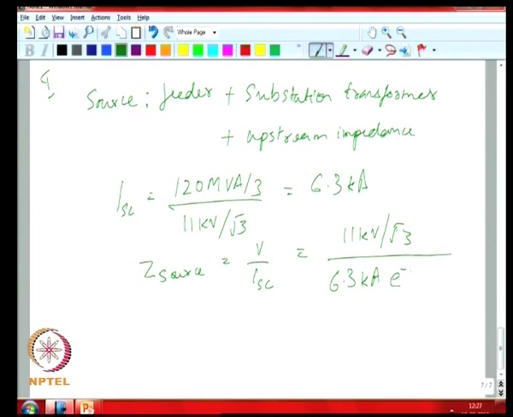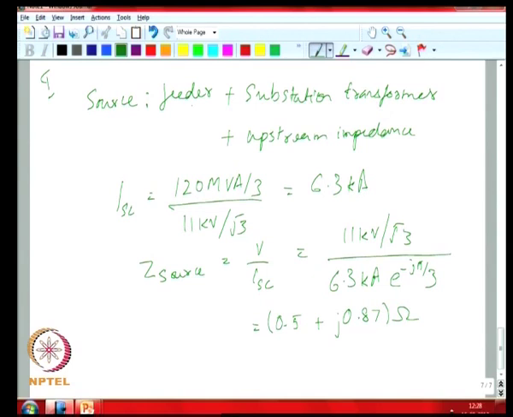So, e to the power of minus j pi by 3. So, you can calculate the numbers. This turns out to be 0.5 plus j 0.87 ohms. So, you got the physical value of this impedance, that this impedance now represents this total impedance as seen from the point of common coupling.